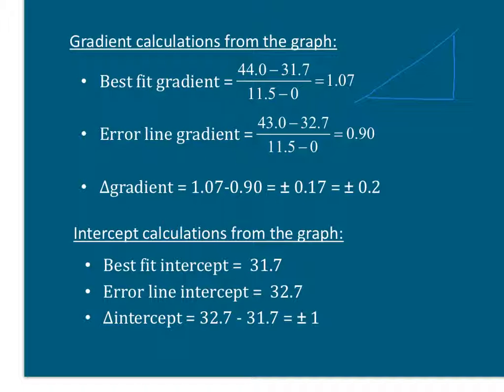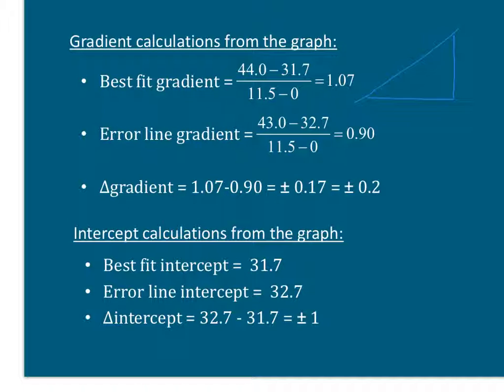So for the best fit gradient, or gradient of the best fit line, it is the rise divided by the run, and it gives us that. Also, the gradient of the error line is rise over run, and it gives us that.